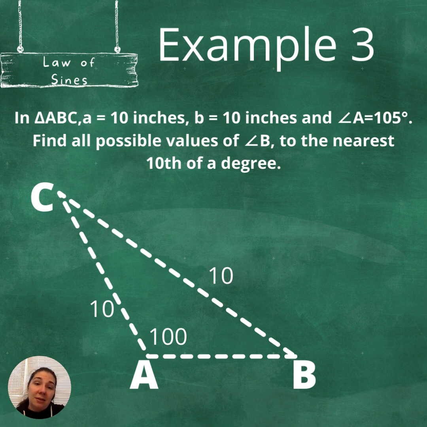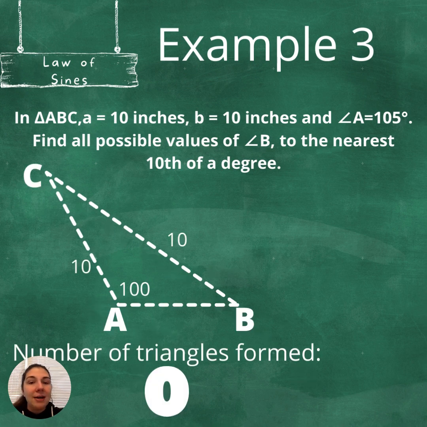That would mean angle B would also be 100 degrees or 105, whichever one you want to work with, and that would make this triangle go over 180 degrees. So as a result, no triangles are formed with this problem. This is an impossible problem, and you wouldn't need to solve it anymore because you cannot have an isosceles obtuse triangle. It doesn't work that way.